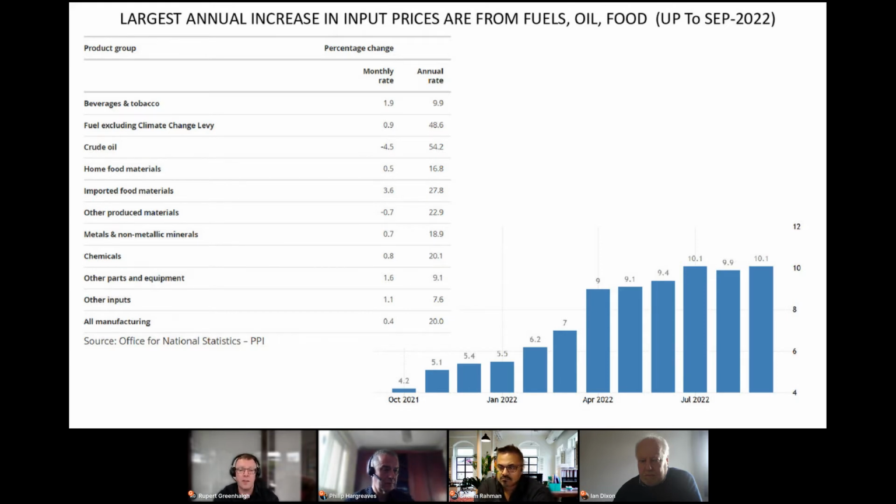What is clear from the inflation figures, as you see in the bottom right-hand corner chart, if you extend that time series back 40 years, is that we saw a significant high in July, a 40-year high. And if you look at the largest contributions to that increase, and the product groups which comprise some of these changes in the annual rate, it's no big surprise that energy and fuels have been one of the key drivers.